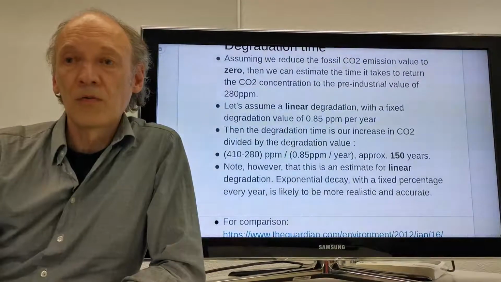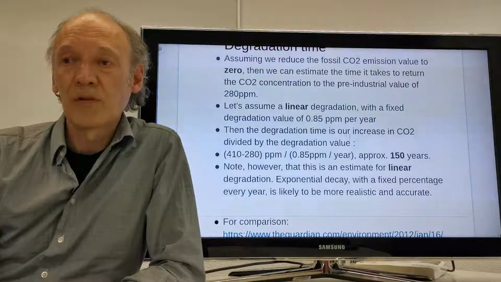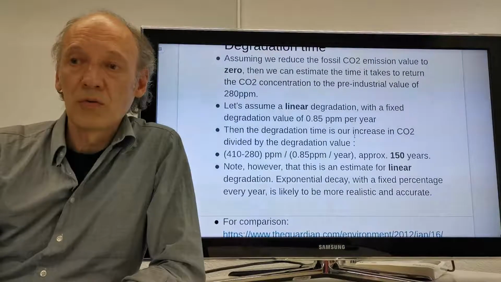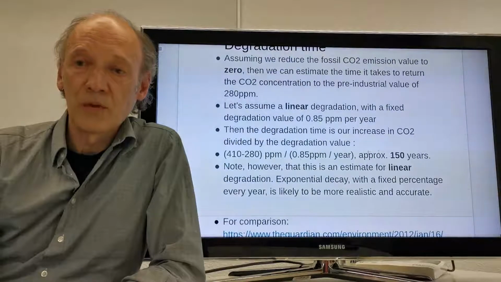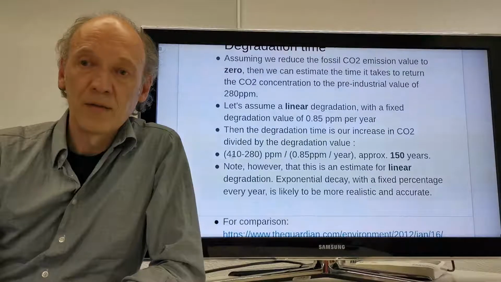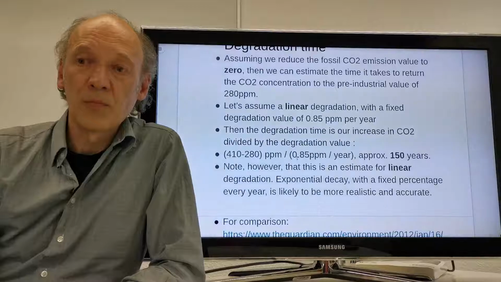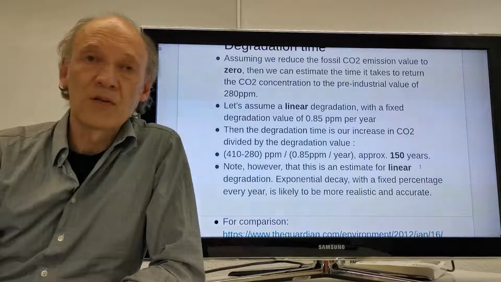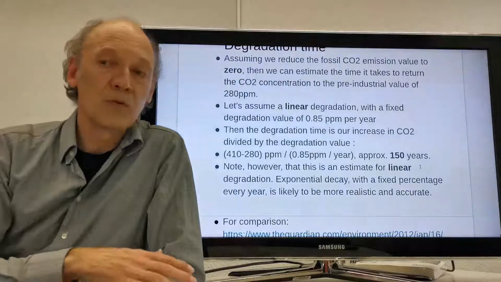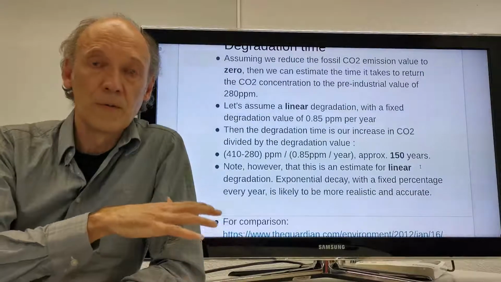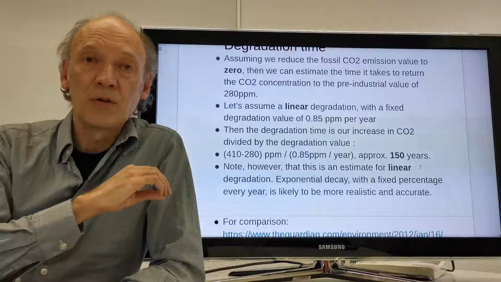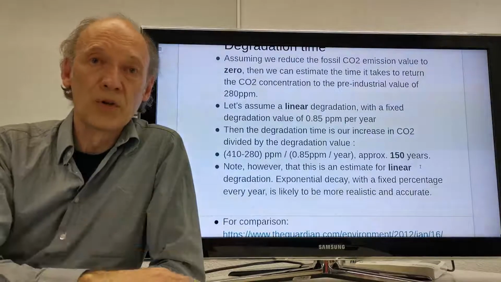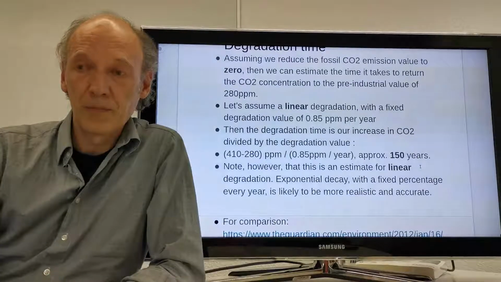So then we can compute the degradation time, which is necessary to go back to the pre-industrial level, which is 410, the current level, minus 280, divided by 0.85 ppm per year, and this comes up to about 150 years. So it would take about 150 years to go back if we suddenly would stop burning fossil fuel altogether.